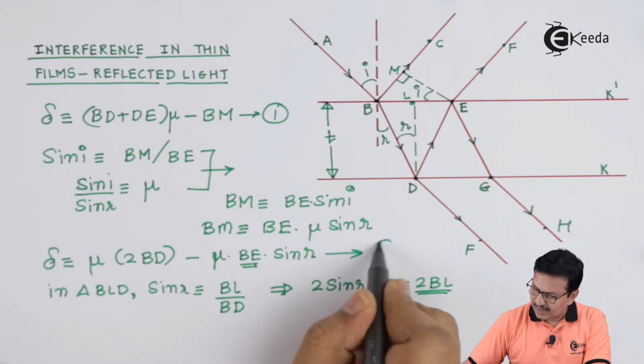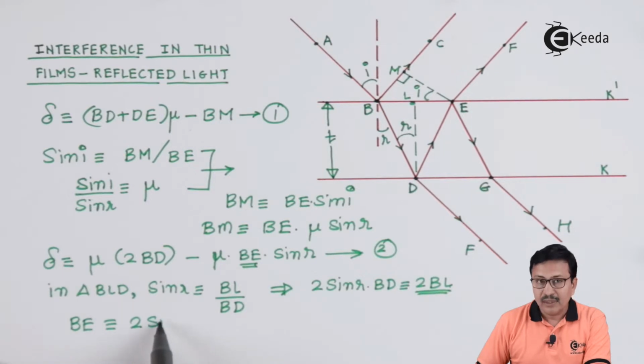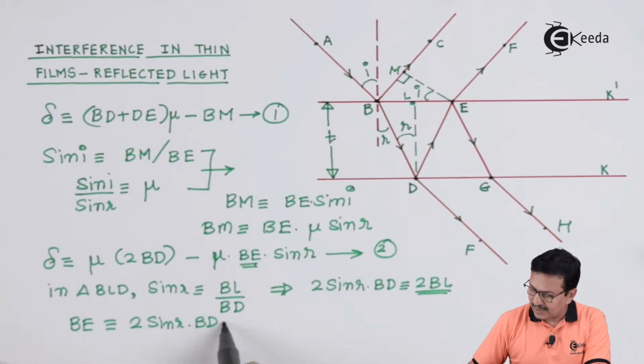So let us write this as expression 2, and continuing from this expression, BE is going to be equal to twice into sine r into BD. Let us say this is expression 3.